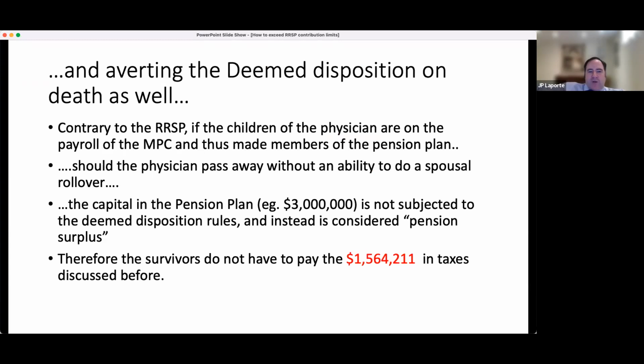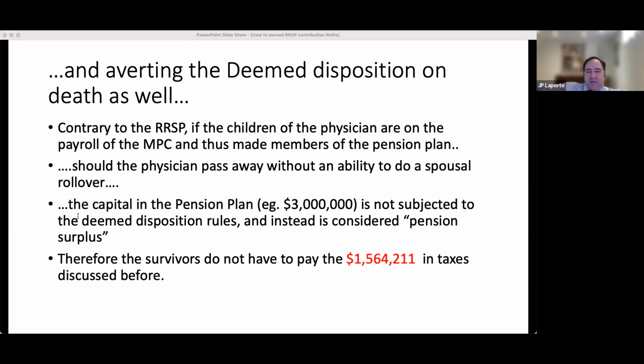Contrary to the RRSP, if the children of the physician are on the payroll of the professional corporation, and I'm not saying as physicians, they could be part-time, minimum wage clerical employees, and they're added to the pension plan of the physician, and the physician passes away, maybe with their spouse, maybe they don't have a spouse anymore, there's no rollover anyway, then unlike an RRSP, the $3 million, I'm using Dr. X's example again, the $3 million inside the plan is not subjected to the deemed disposition rule.